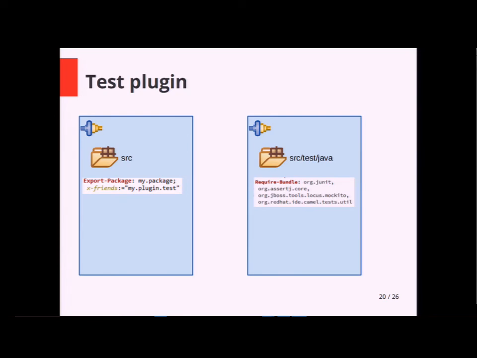But on the other side, in order to access the packages that are in the plugin under test, you will have to export a package with x-friends in order that you don't increase the API and that your test plugin can see it.